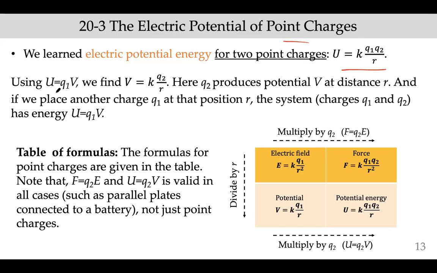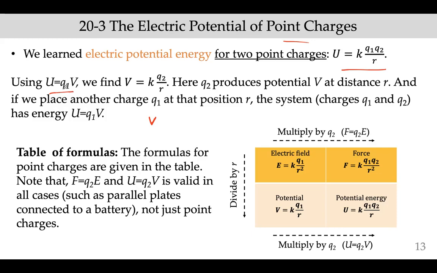If you use this formula that we also learned, potential energy equals charge times potential. So let's say you have a region, and in that region you have some potential V. Even if you don't place any charges here, you can still have potential V created by maybe plates or other charges around.